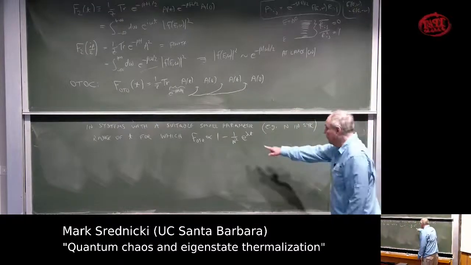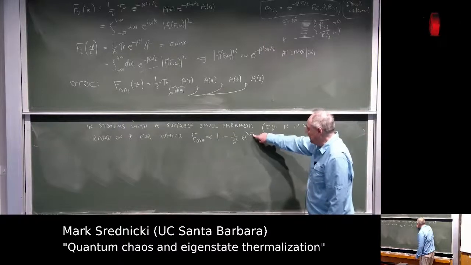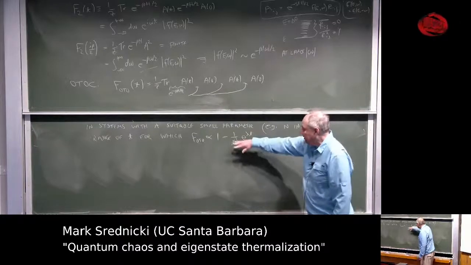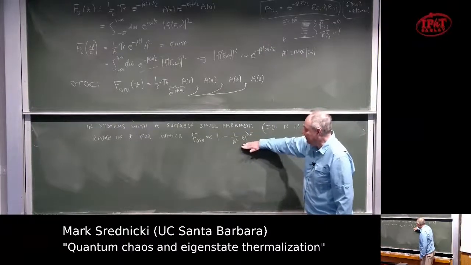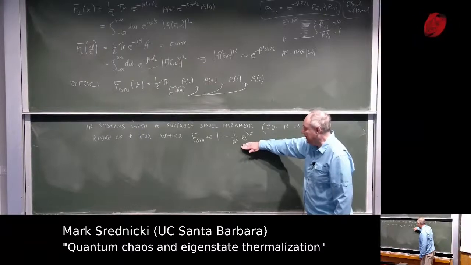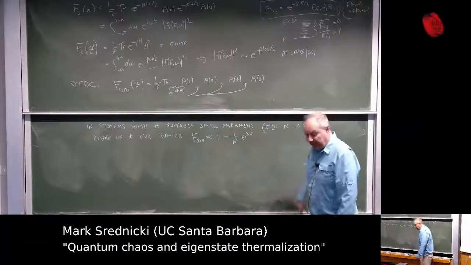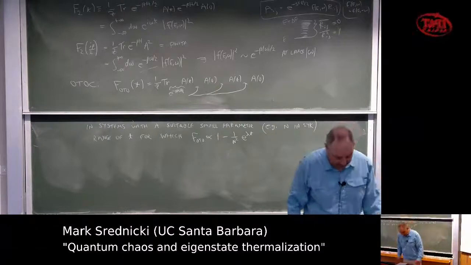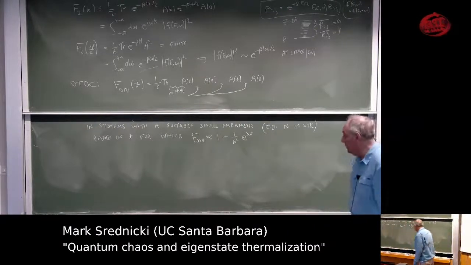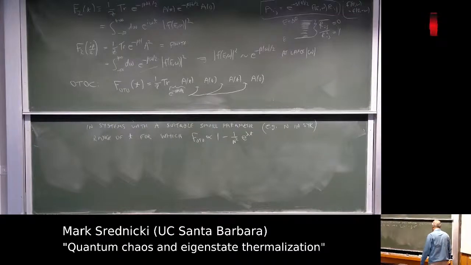And of course, this can't go on forever, because if it went on forever, f would become arbitrarily large and negative, which can't happen. So there's an intermediate range of times, in principle, in which there's an exponential growth period.